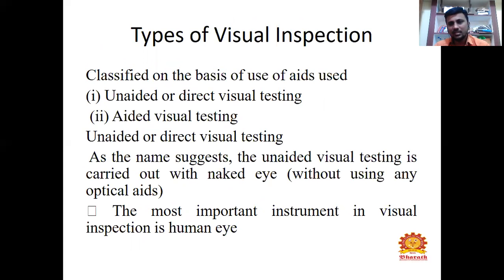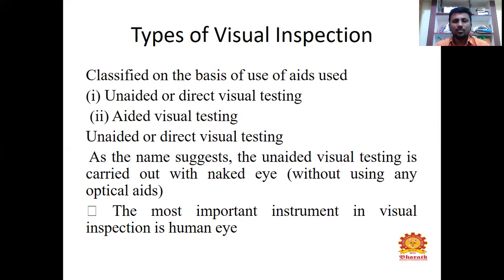The first one, unaided or direct visual testing, as the name suggests, is carried out with the naked eye without using any optical aids like magnifying glasses, mirrors, telescopes or microscopes. It is carried out directly with the naked eye.